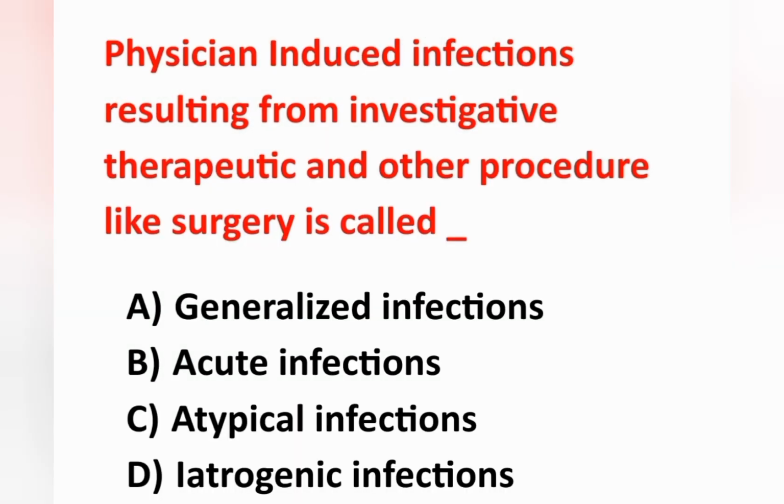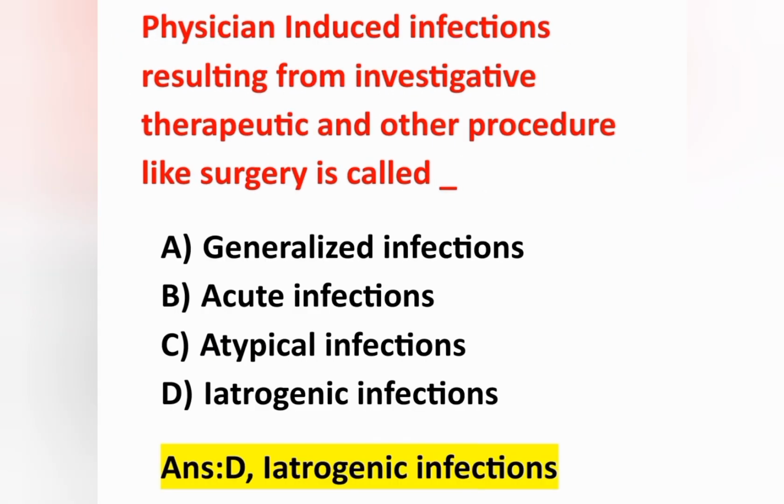Very next question, physician induced infections resulting from investigative, therapeutic and other procedures like surgery is called. Option A generalized infection, option B acute infections, option C atypical infections, and option D iatrogenic infections. So here correct answer is option D, iatrogenic infections.